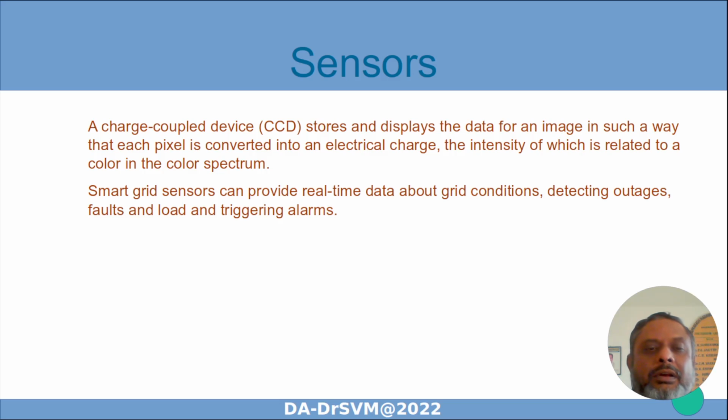In the same way, when we talk about electrical systems, we have smart grid sensors that provide real-time data about grid conditions, detecting any outages, faults, or overload, and triggering alarms, so that the whole electrical grid can be kept under control without much disturbance and works smoothly.